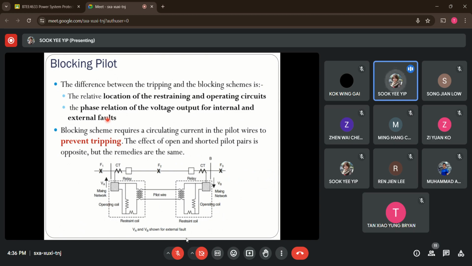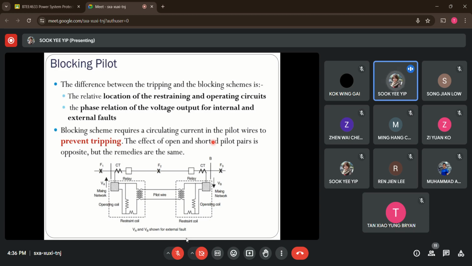Okay, so this blocking pilot wire makes use of the concept of blocking mode of operation, whereby the secondary current in the pilot wire is used to prevent tripping of the circuit breaker. Which means it's trying to stop the breakers from tripping in the event of an external fault. Now, for any issue on the pilot wire like open or short circuit conditions, it is reversed compared to the tripping pilot mode. If we have an open circuit condition here, we will have false tripping.